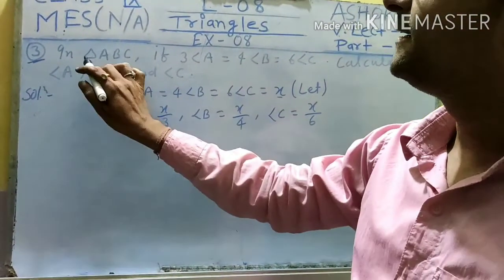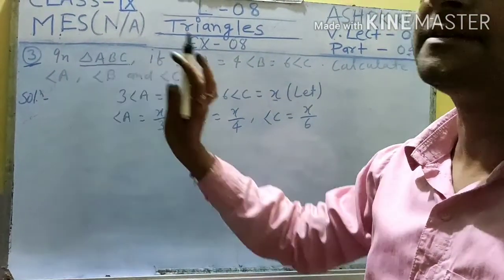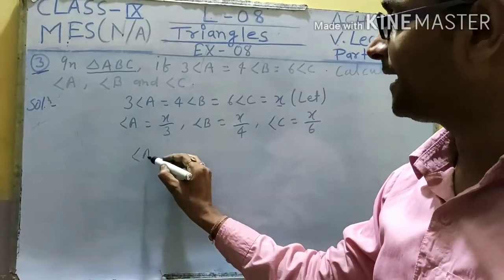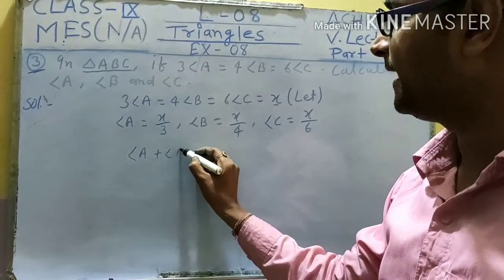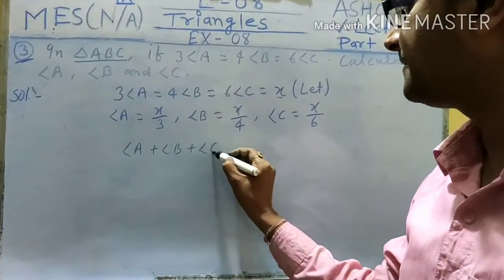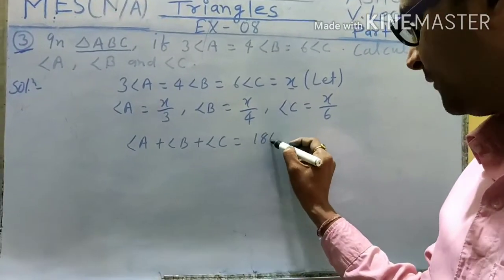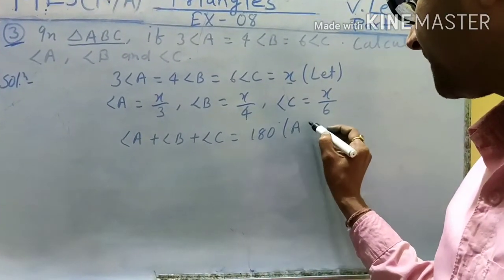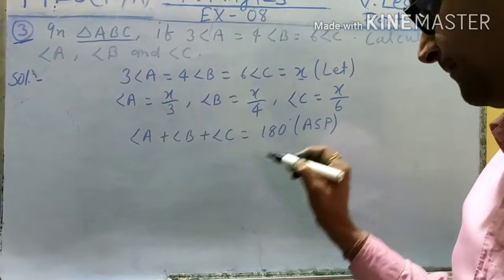Here student, triangle ABC, that means triangle is given here, so we know that angle A plus angle B plus angle C is equal to 180 degrees. Again same concept, ASP, angle sum property.